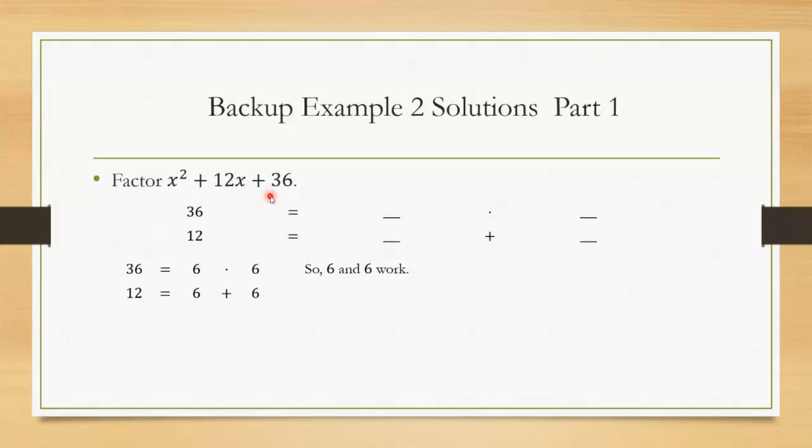So here's another one. Now we have x squared plus 12x plus 36. So again, we want two numbers whose product is 36 and whose sum is 12.